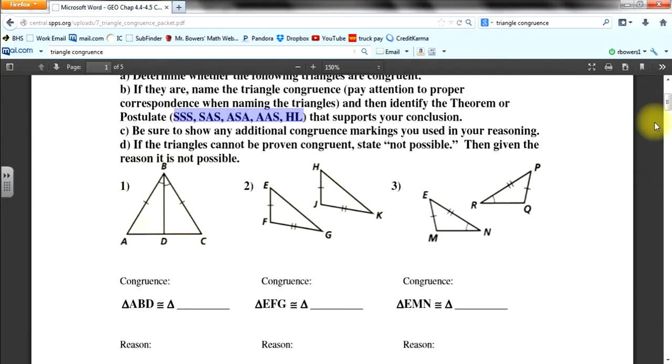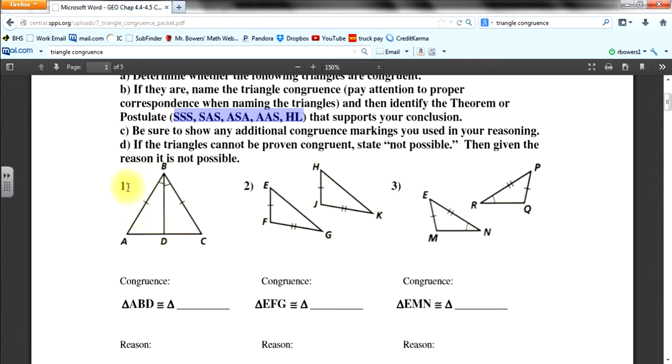Then we did this assignment where we're using those combinations, the ones that actually did work: side-angle-side, angle-angle-side, and the HL combination. If we knew that 2 triangles had these congruent side and angle combinations, then we can guarantee that both triangles are congruent, meaning all 6 parts. Right? This is what we called the 6 for the price of 3 combinations here to guarantee congruence.